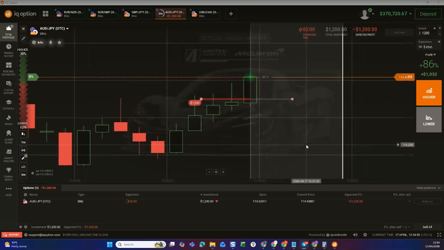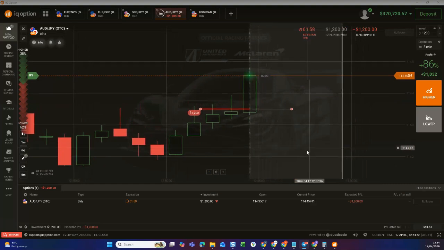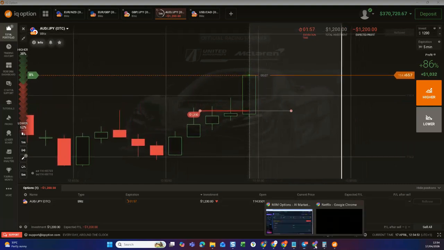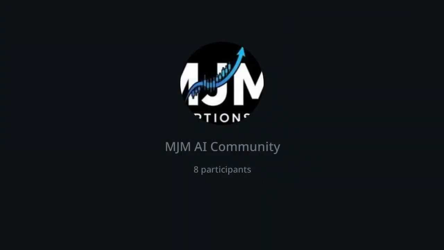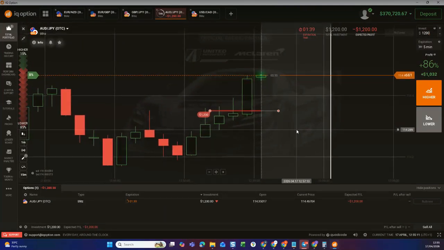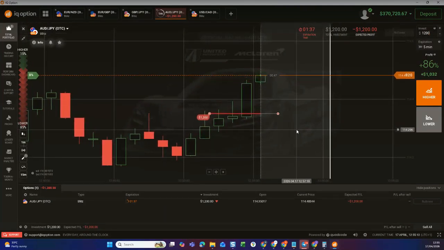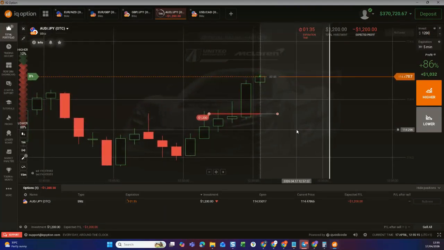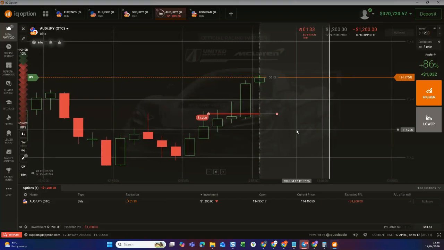Then, in that pattern, it will give you an informed signal that looks like this. So yours is just to look at the signal, paste it on IQ Option here, and you trade it. That's basically what we've been doing. If you've not been a part of it, you have missed a lot.